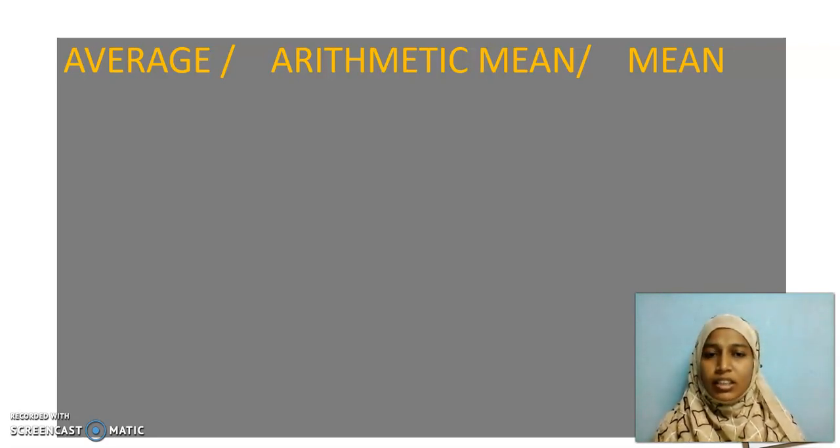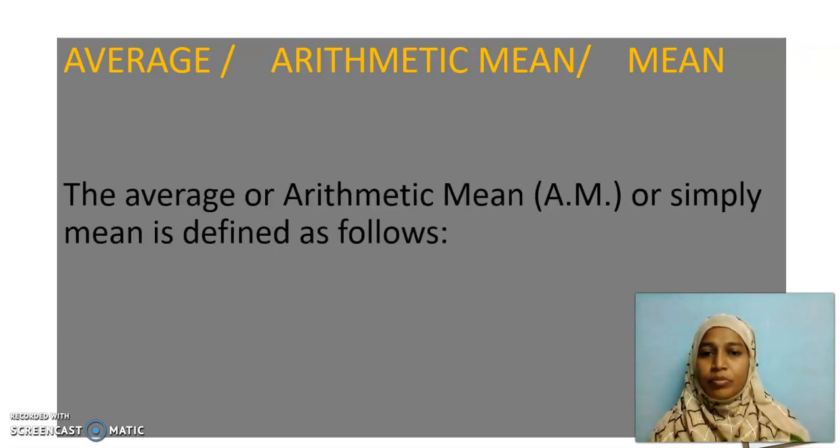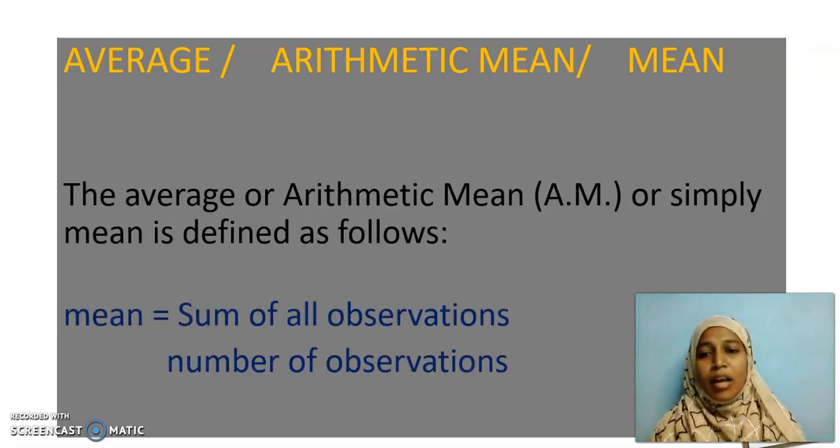All 3 represent the same central idea. The formula for this is defined as the sum of all the observations. I add up all the individual numbers and divide by how many numbers I have added. You will understand this formula more clearly when I explain it with a question.